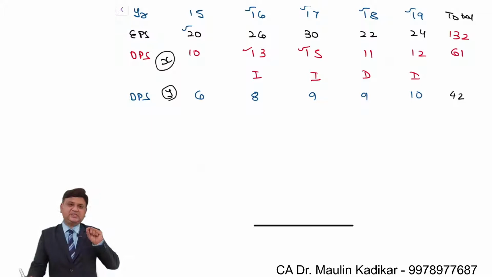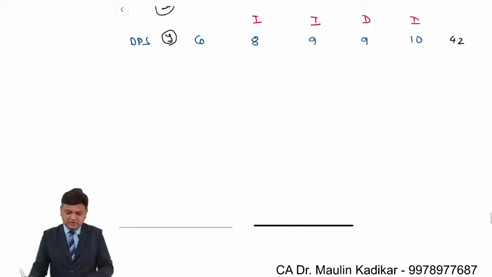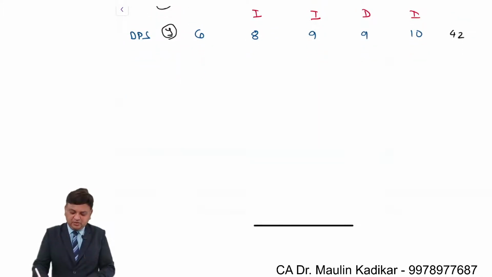So we understand that in whatever Y I have mentioned, the amount of the dividend that you have paid is lesser in comparison to X. In X you are having a constant dividend payout ratio, and in Y what you try to do, friends, is to make sure that either you give an increase in the dividend or you maintain the last year dividend.